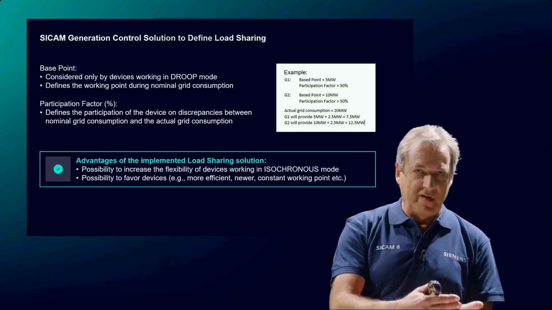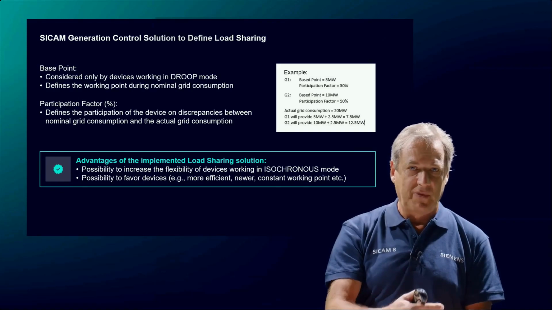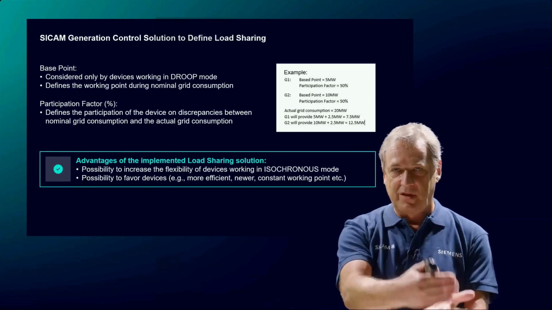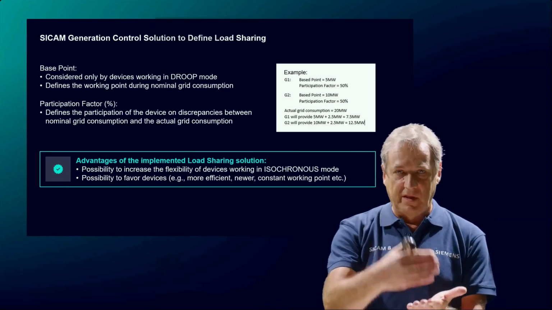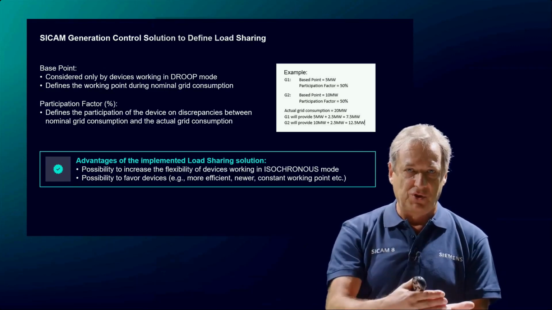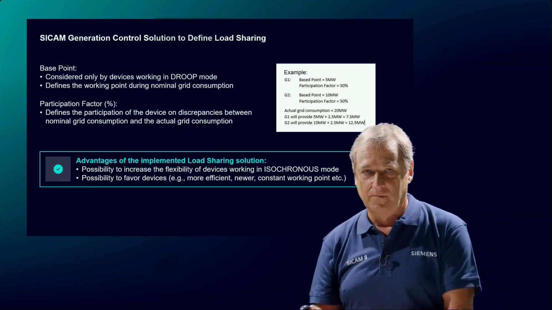If the grid consumption deviates from this nominal consumption, then the second parameter, the participation factor, becomes important. It determines what percentage of the consumption deviation is provided by the generator.